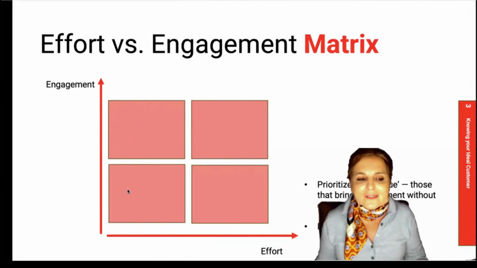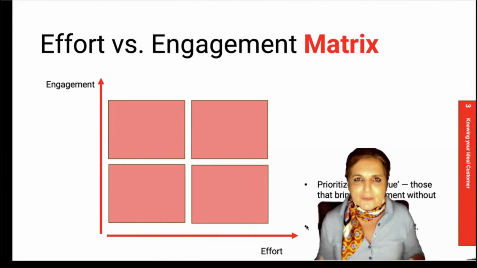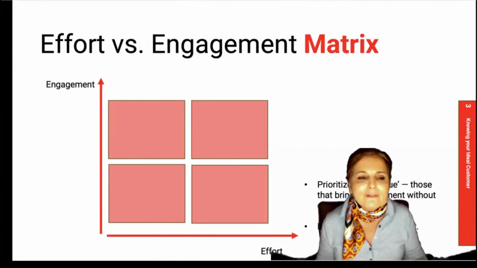This one here has low engagement, so not great, not very efficient, but little effort. Okay, so something to consider. This one is really bad because it requires a lot of effort and the engagement is low. So you prioritize high value, those that bring engagement without draining resources, and you drop or you automate the rest.